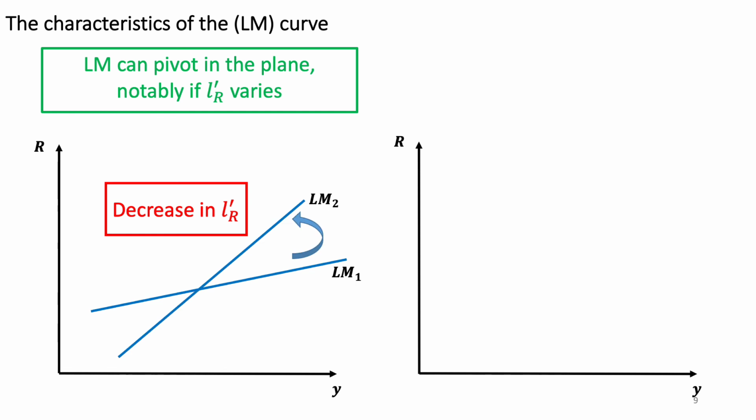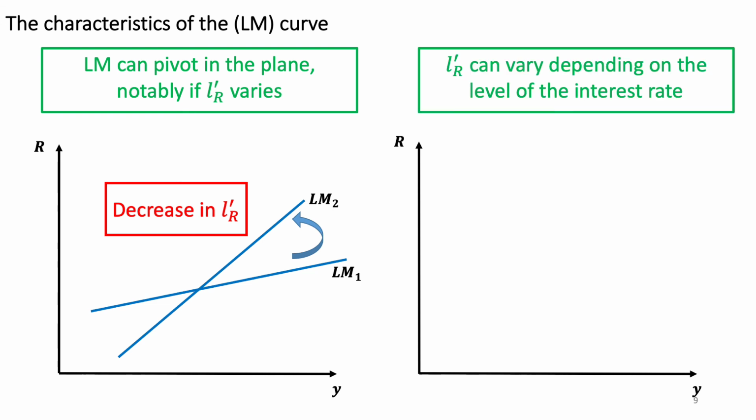One common way to represent LM is to use different slopes depending on the values of the interest rate. For high interest rates, the sensitivity of the demand for money is low, close to zero. Indeed, when interest rates are high, the demand for speculative motives is very low because bonds provide a much higher remuneration. In this context, a new increase in R would result in a small decrease in speculative demand.